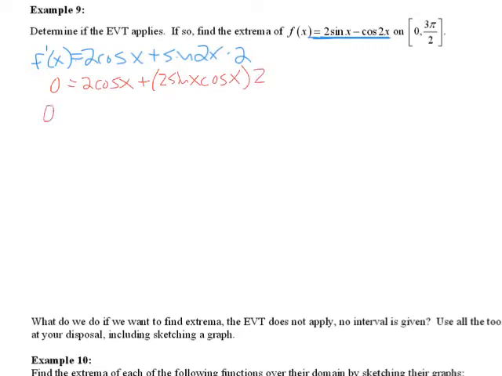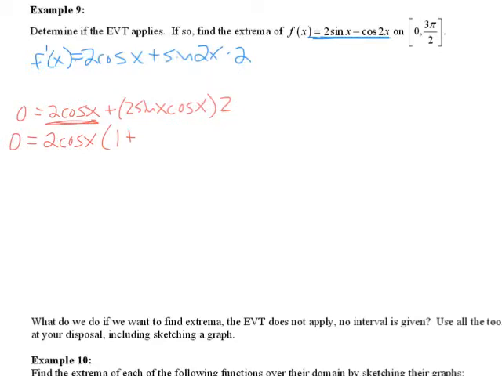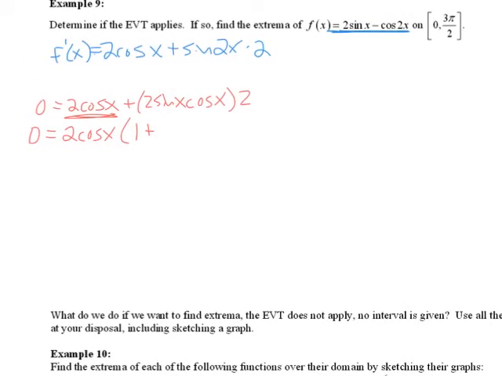And then I'm going to factor out a 2 cosine x, and that gives me 1 from the first term. And to that we add 2 sine x because we pulled 2 cosine x out.